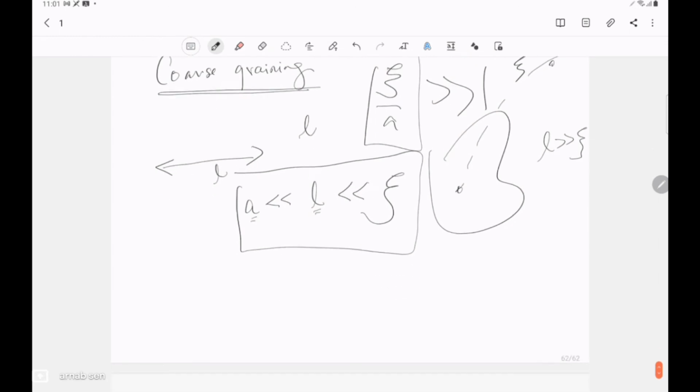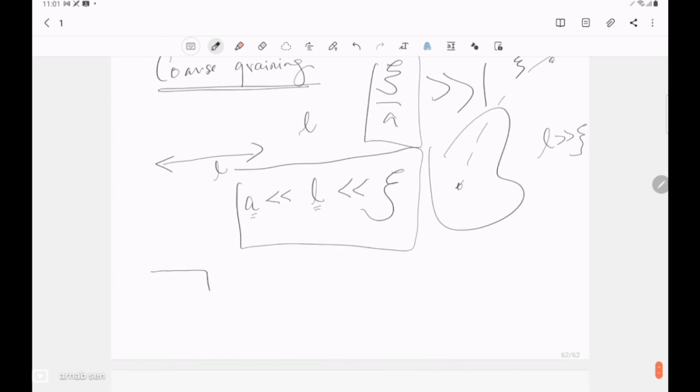So what do I mean by coarse graining? You just divide your theory into boxes like this, if you wish. I'm being schematic. You divide your microstate into boxes.